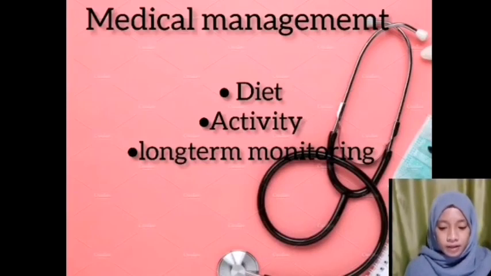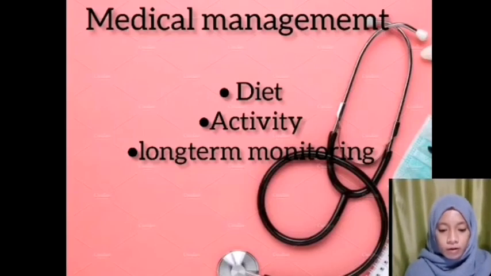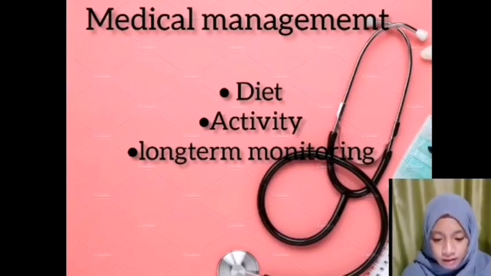Medical management. Treatment of acute glomerulonephritis is mainly supportive because there is no specific therapy for the renal disease. Diet. Sodium and fluid restriction should be advised, with treatment of signs and symptoms of fluid retention, for example edema and pulmonary edema.